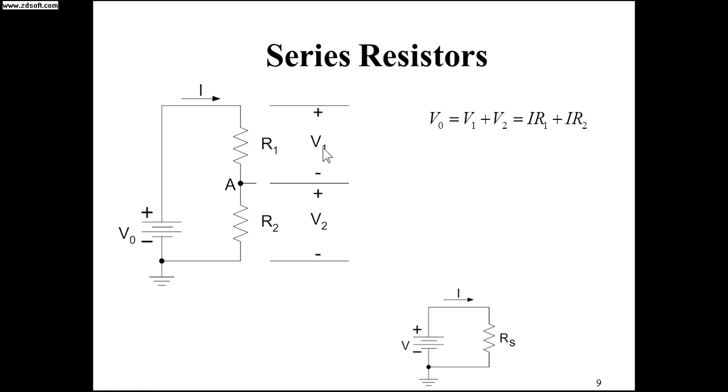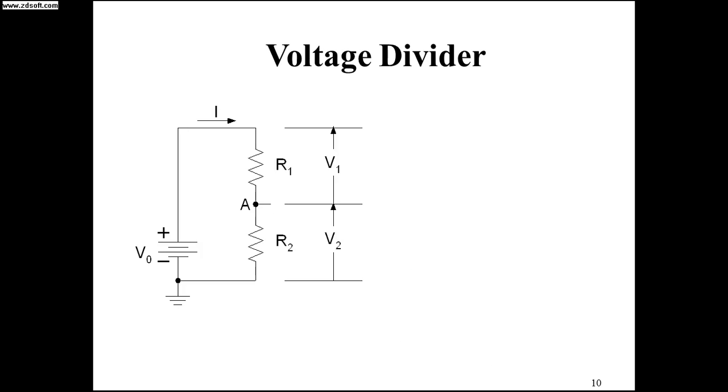According to Ohm's law, V1 is equal to I into R1 and V2 is equal to I into R2. So V0 is equal to I into R1 plus R2. Let Rs be the equivalent resistance for series resistors, as we saw in the last activity. When two resistances are connected in series, the equivalent resistance becomes R1 plus R2, so Rs equals R1 plus R2.